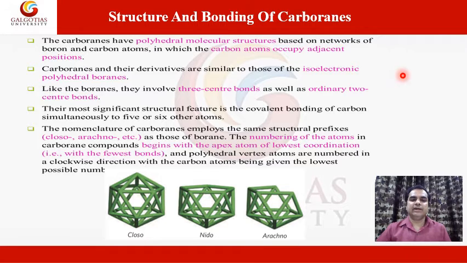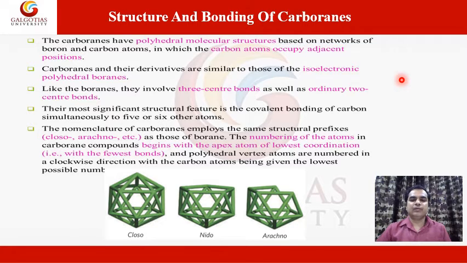Carboranes and their derivatives are similar to isoelectronic polyhedral boranes. Isoelectronic means they have the same number of electrons.